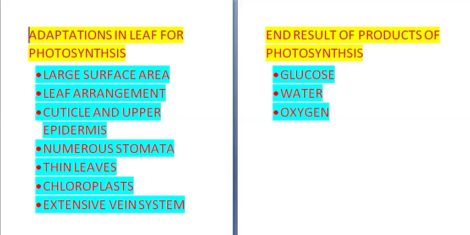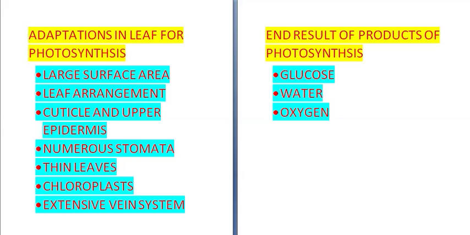What is transported to the mesophyll cells? Water. And what is transported from the food that is produced? That is taken to the other parts of the plant. So in this way, these are the ways in which leaves adapt themselves for photosynthesis.